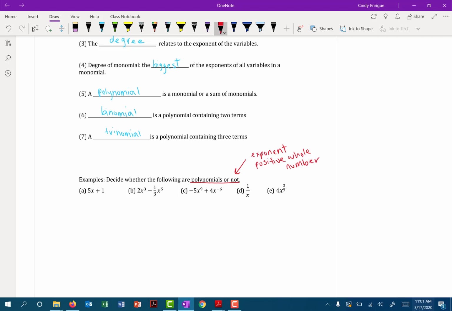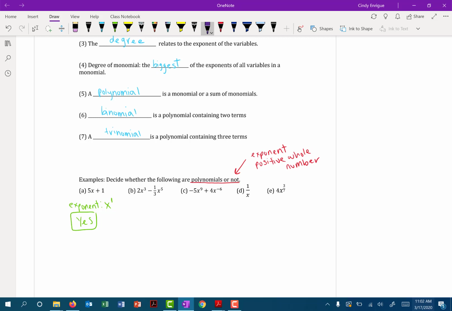Those are the two criteria: positive and whole number. For the first one, 5x plus 1, look at the exponent. The exponent on x is actually 1. Therefore, it's positive and a whole number, so yes, this is a polynomial.